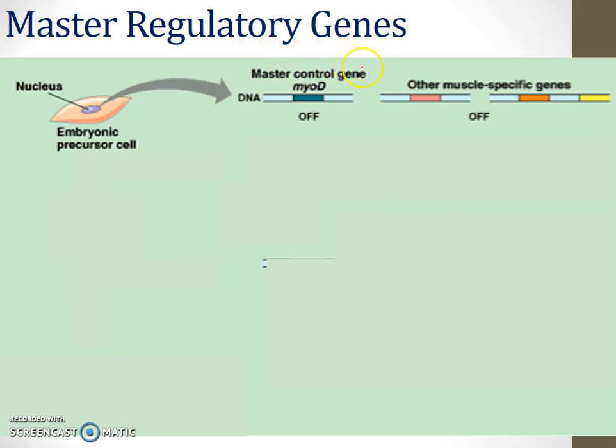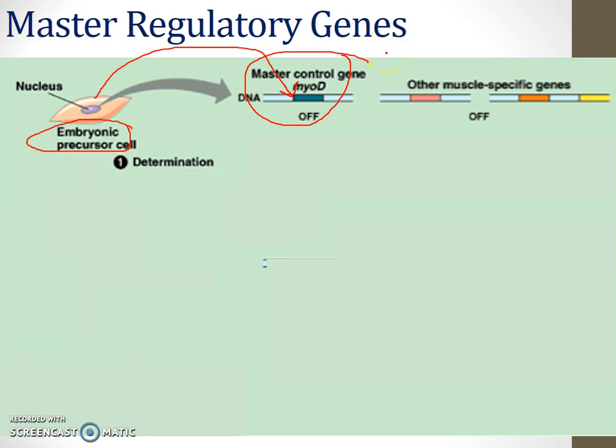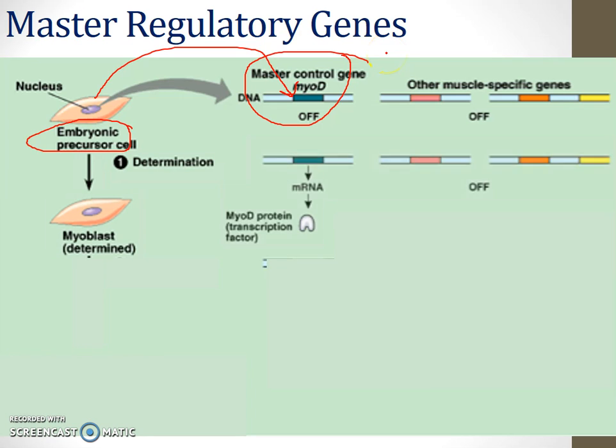So here we have a master control gene that, initially in the embryonic cell, could be activated either from induction or from the cytoplasmic determinants, those specific transcription factors that are going to activate this master control gene. When that happens, the cell's fate has been determined.